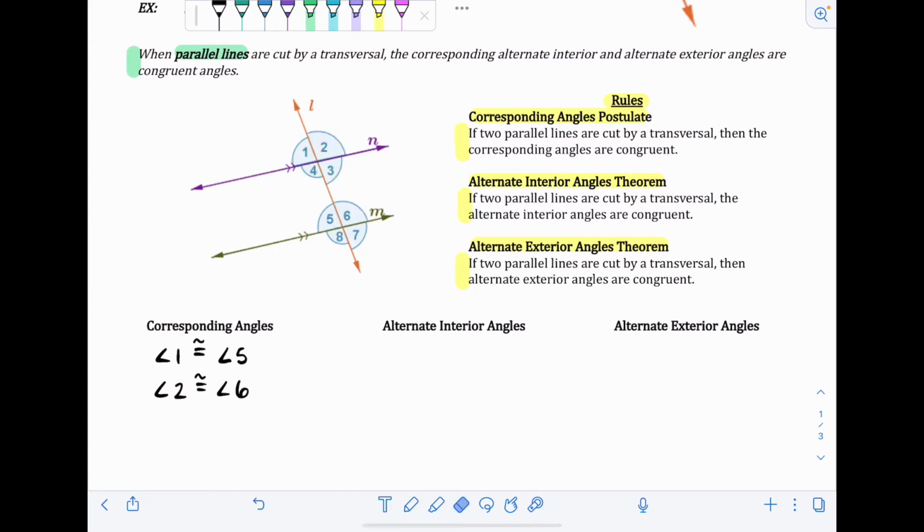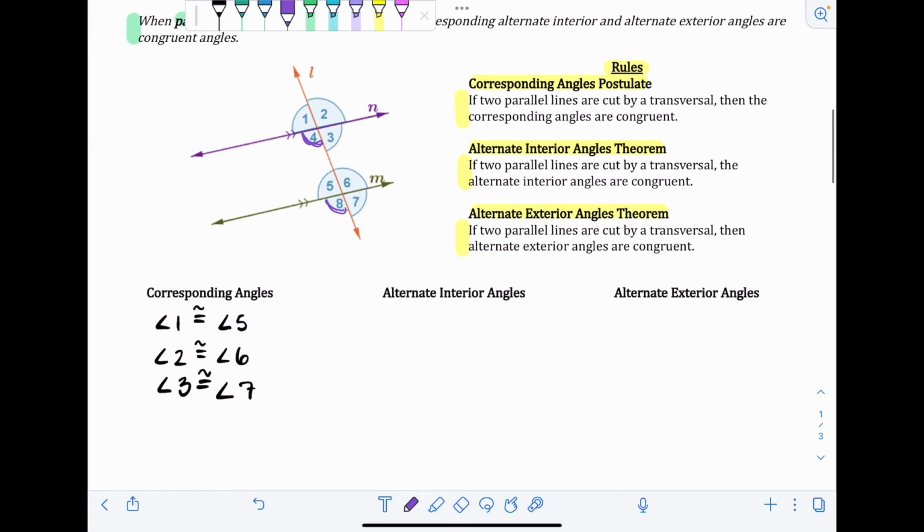Then we just want to go through and list all of them. Angle 3 and angle 7 are both at the lower right hand corner of their intersection, so angle 3 is congruent to angle 7. And the last one, angle 4 and angle 8, are both at the lower left hand corner of their own intersection.